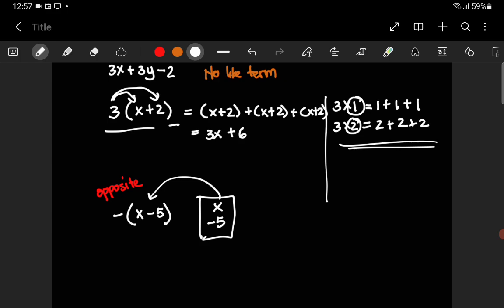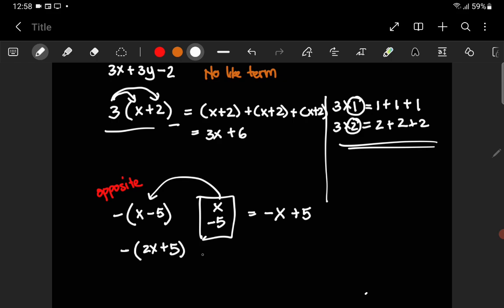Well, the x, what is the opposite of that? Oh, positive x becomes negative x. And then minus 5, what is the opposite of that one? Oh, plus 5.